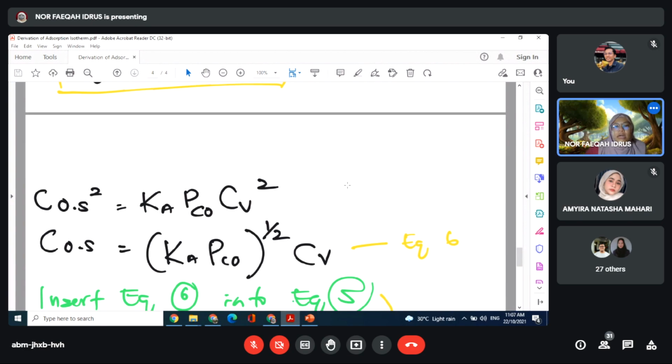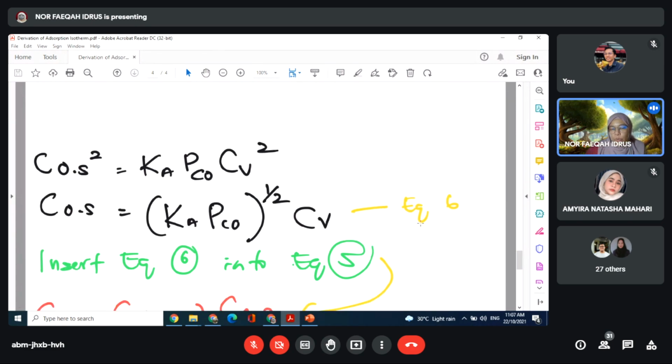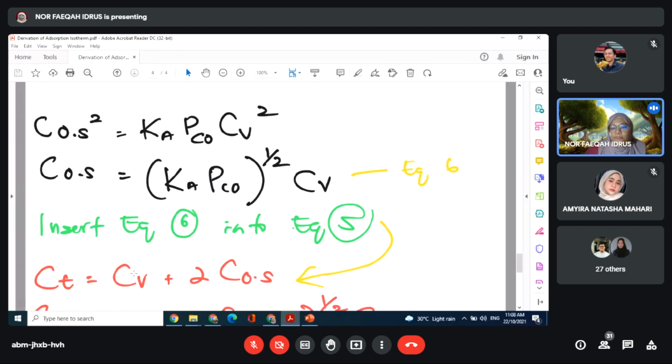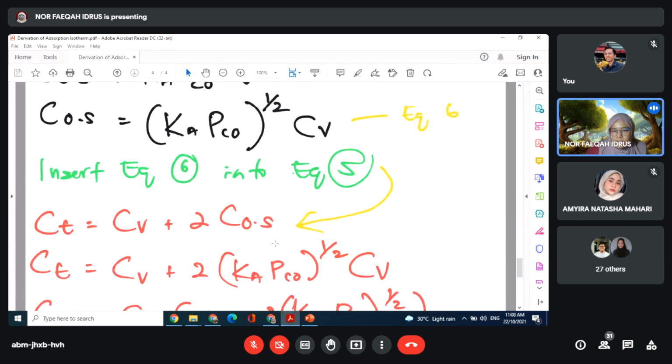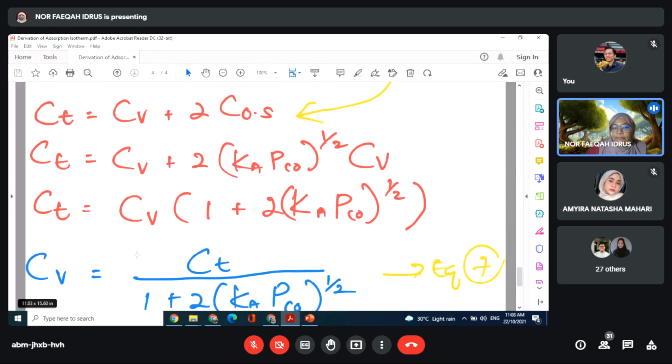So we can solve the equation for the adsorbed species. Okay, we get equation 6. This equation is inserted back into the site balance equation. Put it into the site balance. Okay, you will get this equation. Rearrange for CV.